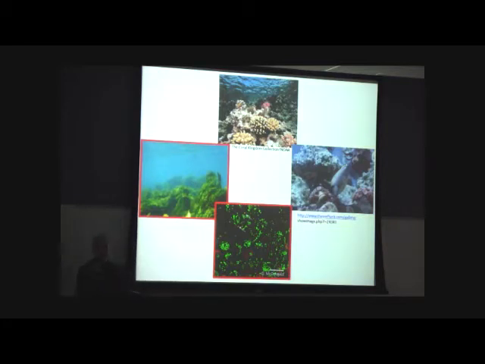As I've listened to the talks here, at least 4 key groups of organisms have emerged as the players in the kinds of systems that we're talking about: the corals themselves, of course, herbivores, particularly herbivorous fishes, and then seaweeds and bacteria. And this, by the way, is what real seaweeds look like.